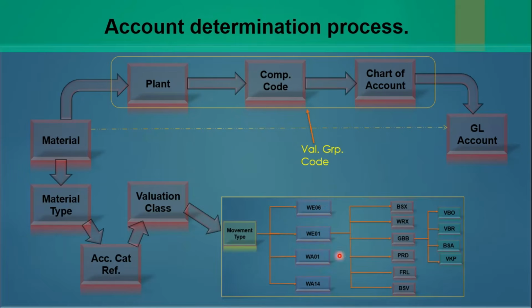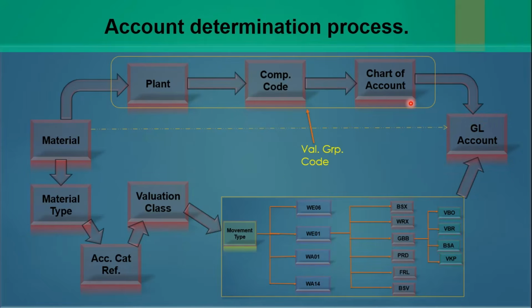That valuation key will decide your transaction event key, and this transaction event key will decide depending on movement type. If it has an account modifier, then it will go further to the account modifier in case of GBB, PRD or KOM. If not, then it will directly decide the GL, and here your GL will trigger. So that's how exactly account determination happens.